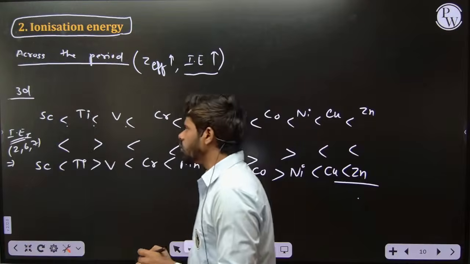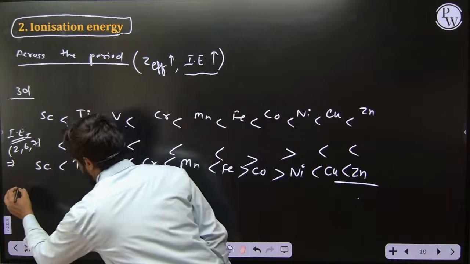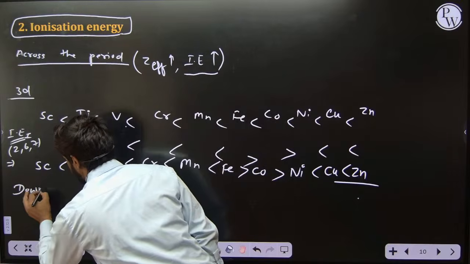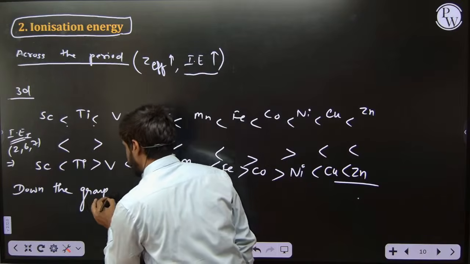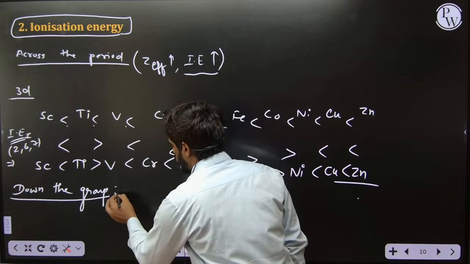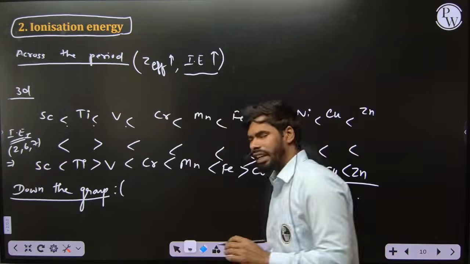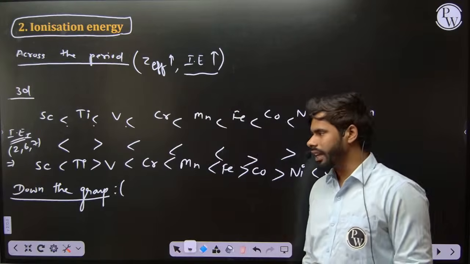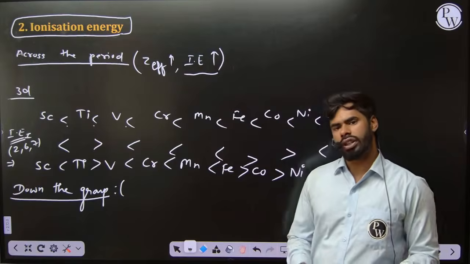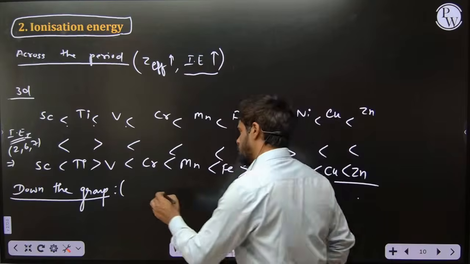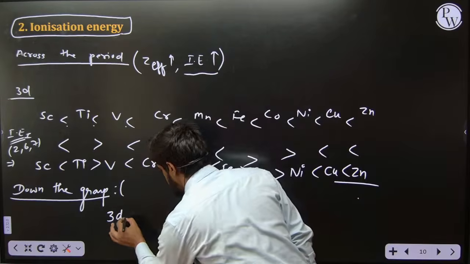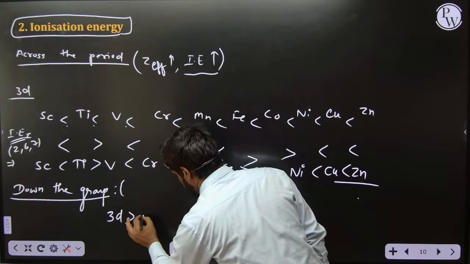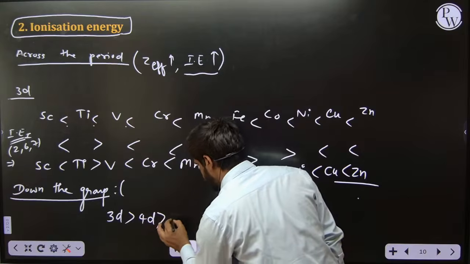Okay. Down the group, as we know, the number of shells increases. If the number of shells increases, the ionization energy will decrease. So the normal order would be 3D, then 4D, then 5D.